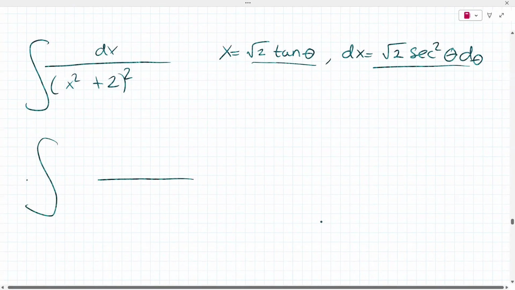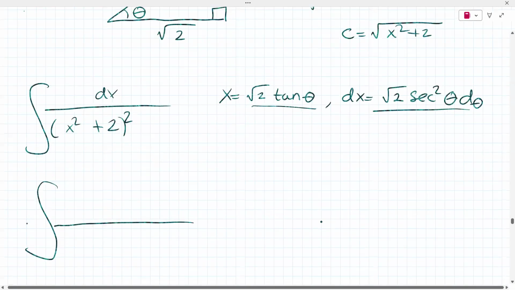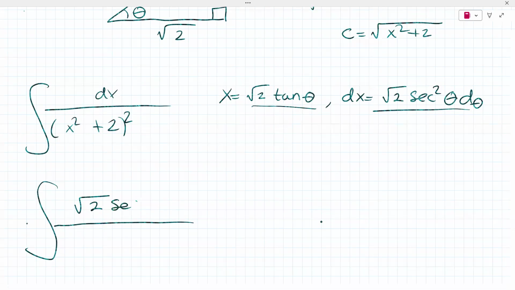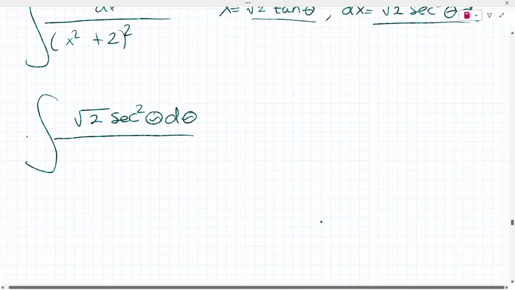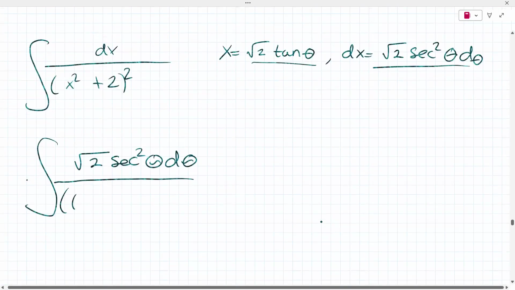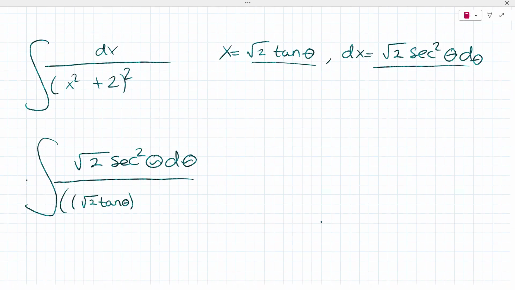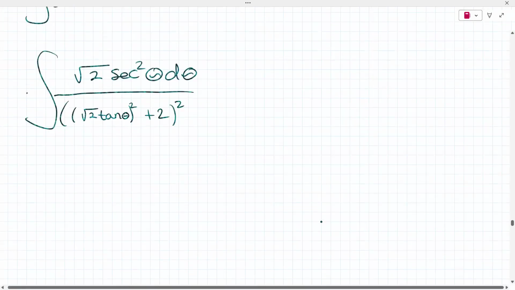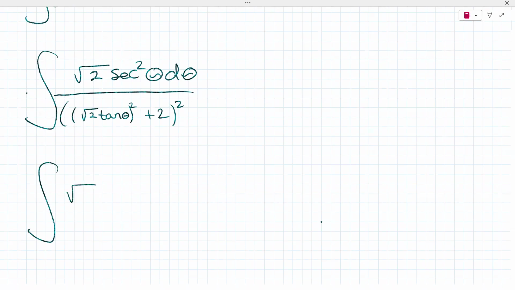So go ahead and turn that up. dx is square root of 2 secant squared theta d theta. And then over here, we're going to replace x with square root of 2 tan theta, squared plus 2, squared.